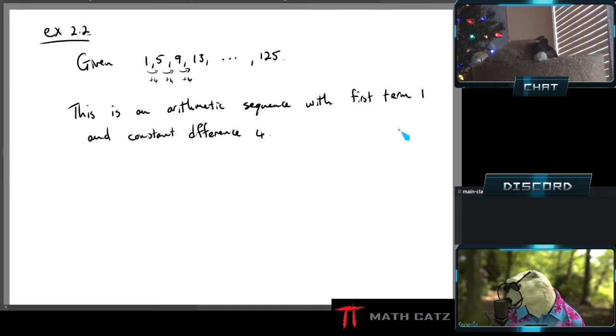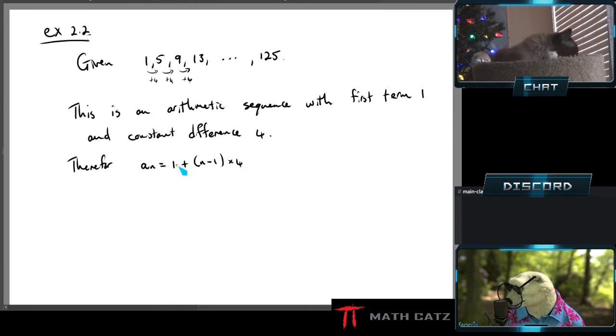Because it has these properties, starting somewhere and then adding the same number every single time, it's classified as an arithmetic sequence, and therefore I can use the explicit formula, which has this template form, just filling in this specific first term, this specific difference. Positions 1, 2, 3, all positions will work for that formula.